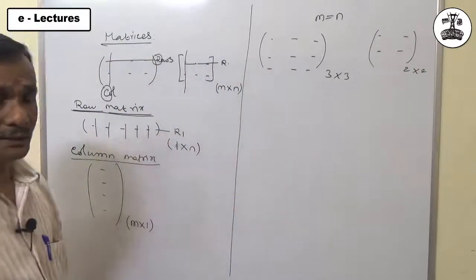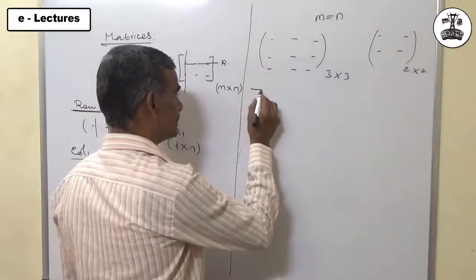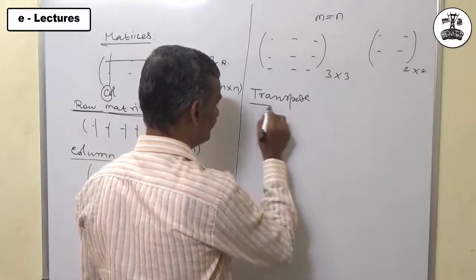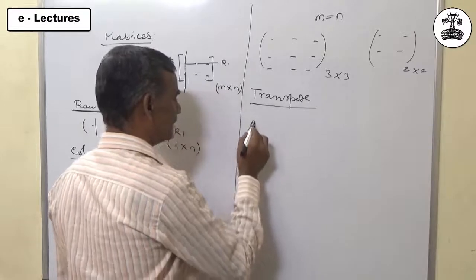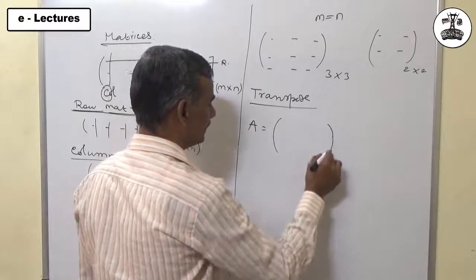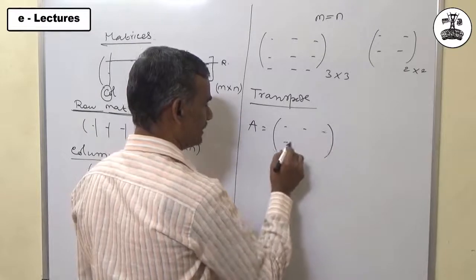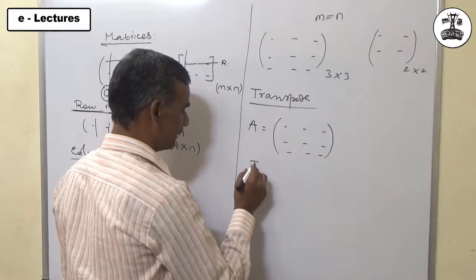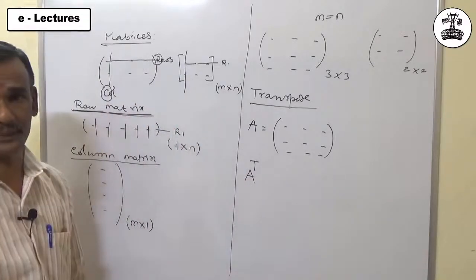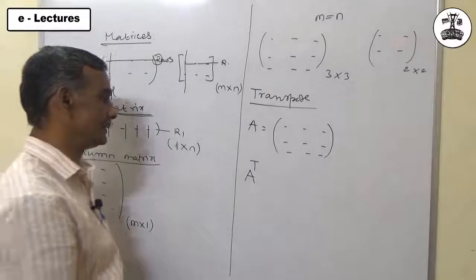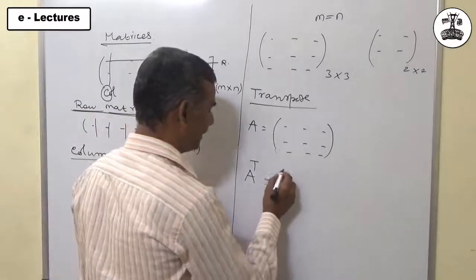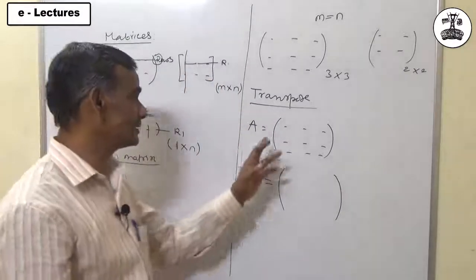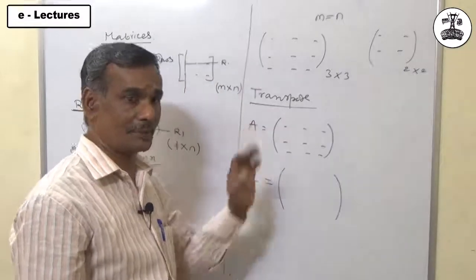Right. Next, the very important one is transpose of a matrix. Transpose matrix. Let A be any matrix. The transpose of A is denoted by the symbol A transpose, A power T, and it is obtained by the rows are interchanged into columns of the original matrix.